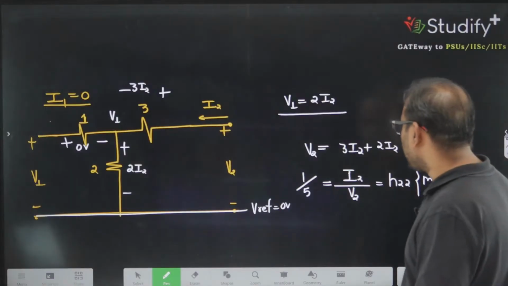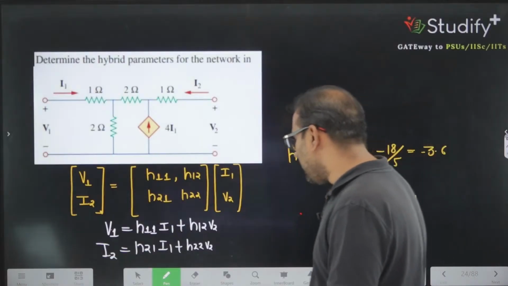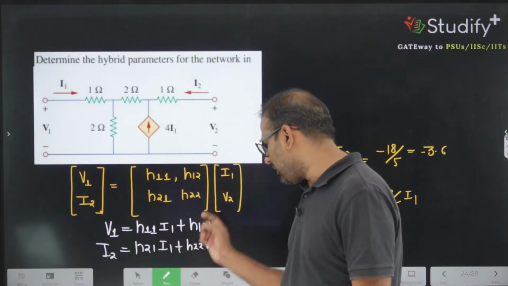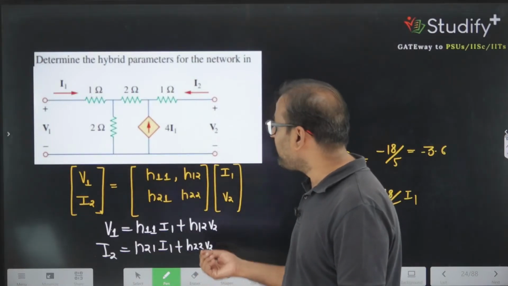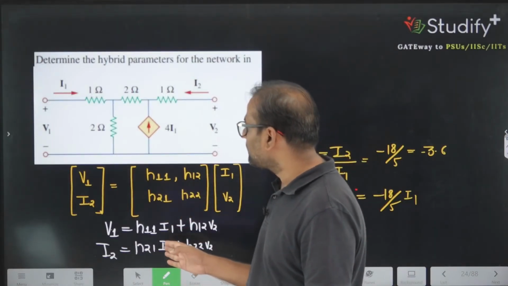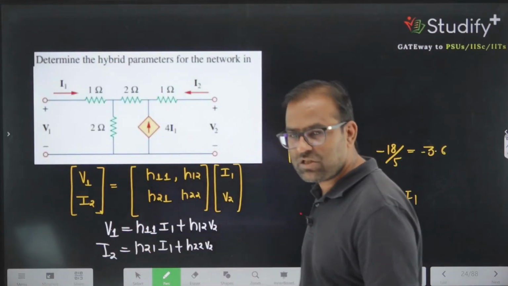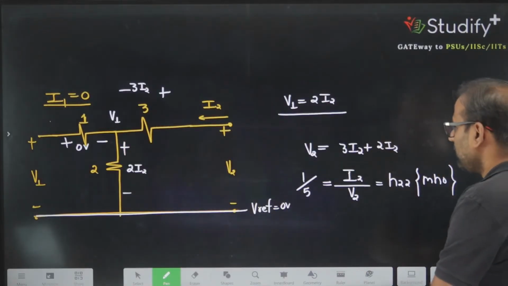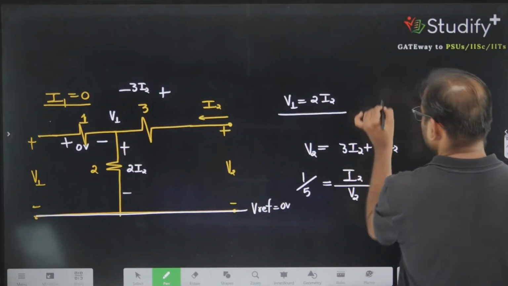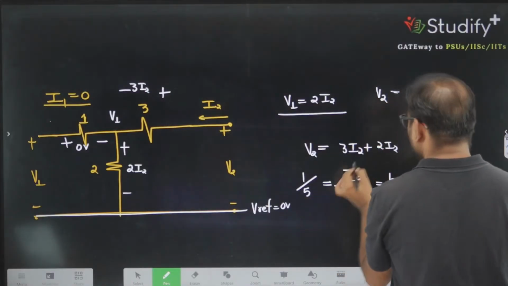What one more parameter we need for this? By making I1 equal to 0, we want the relationship between V1 and V2. Can we have the relationship between V1 and V2? Yes. V2 is equivalent to 5I2.